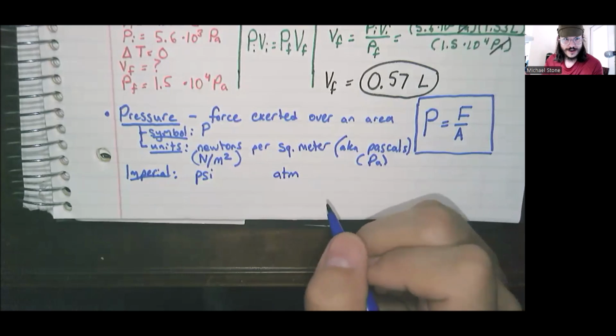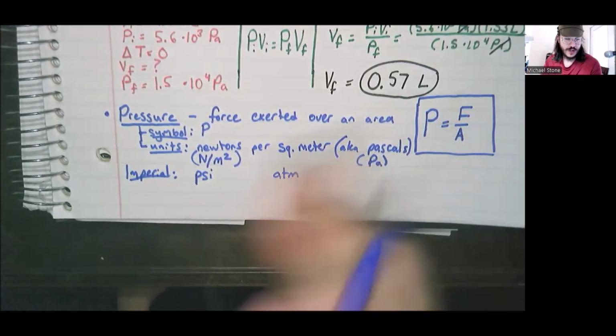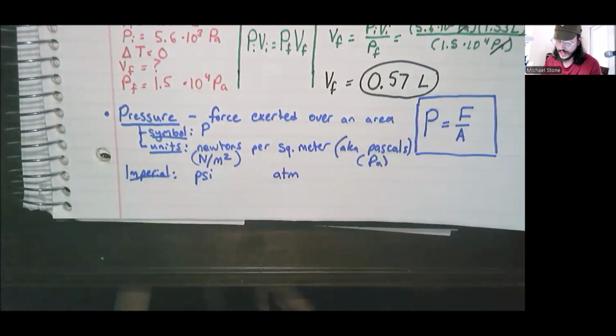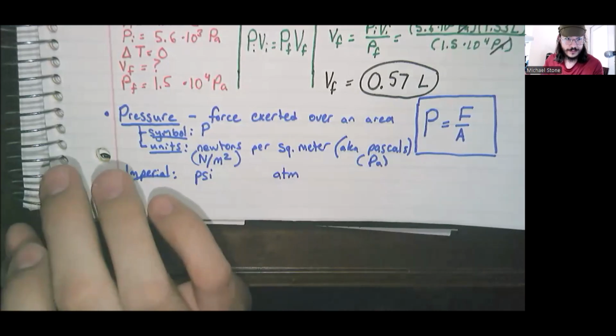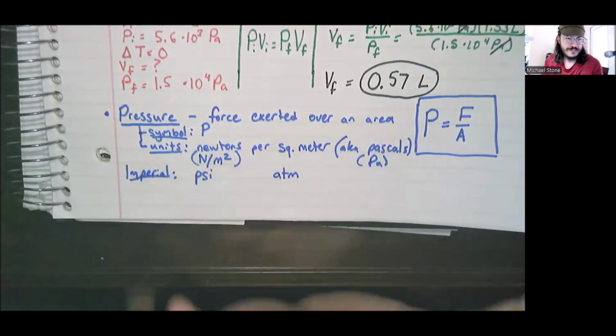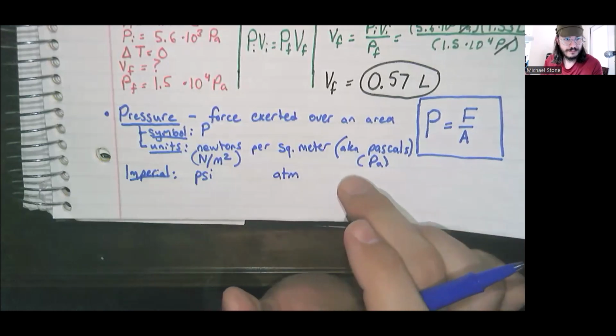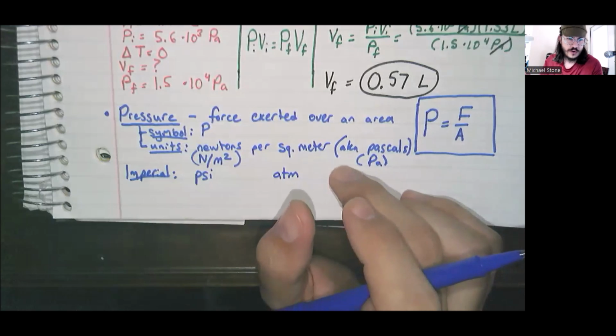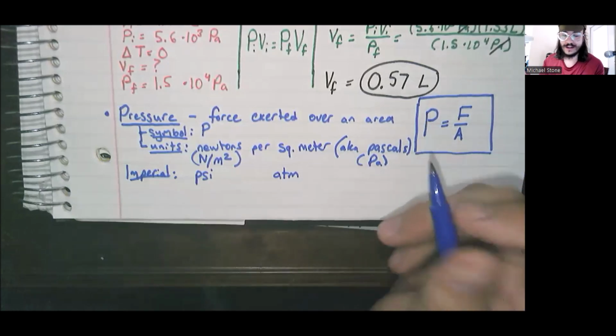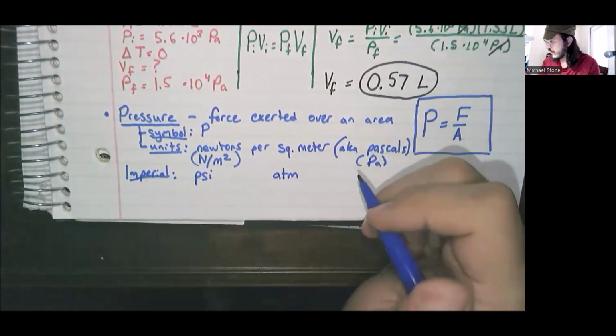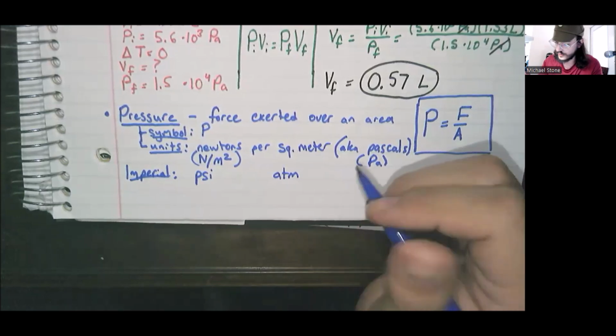Atmospheres of pressure are based on treating the Earth's atmospheric pressure at sea level, standard temperature, as one unit based on the planet. There are also torrs of pressure or millimeters of mercury, but who cares? Atmospheres you will actually see in this class, so they are worth going over.